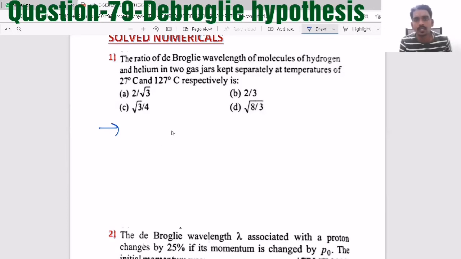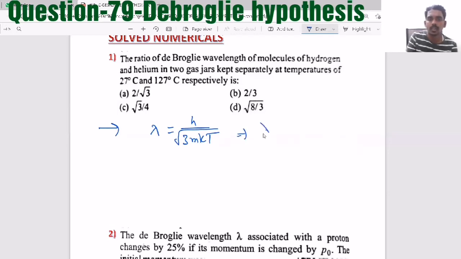The ratio of de Broglie wavelength of molecules of hydrogen and helium in two gas jars kept separately at temperatures of 27 degrees Celsius and 127 degrees Celsius. As it is a thermal particle, lambda is h by root of 3mkT, where m is mass. Now one is hydrogen and another one is helium. So lambda for hydrogen by lambda for helium, when you take the ratio, is root of T helium by T hydrogen times mass of helium by mass of hydrogen.